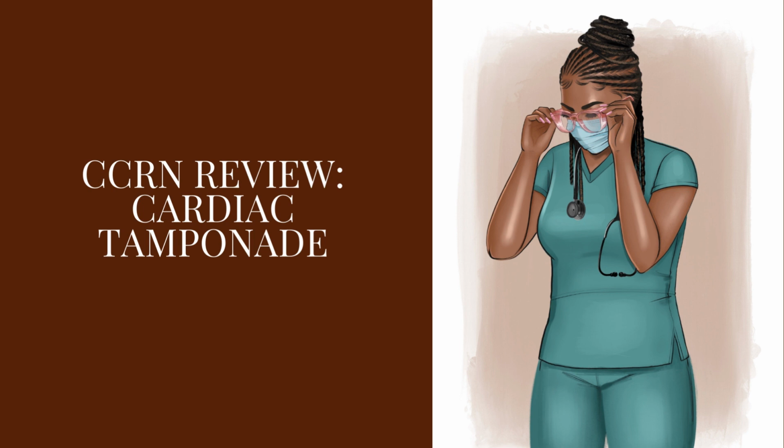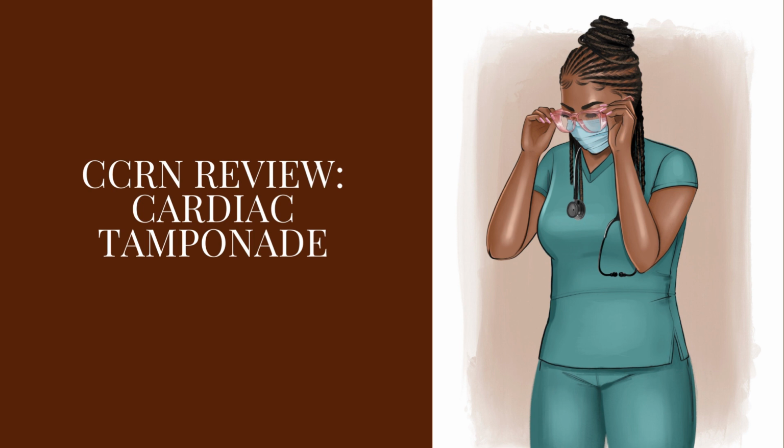Talking about pulsus paradoxus, it's a case where when you compare the patient's blood pressure during inspiration when they're taking a breath and expiration when they're letting out a breath, there is a decrease in the blood pressure during inspiration when compared to the blood pressure during expiration. So the patient already has fluid around the heart. The heart is already restricted, it cannot move well, the motion is impaired.